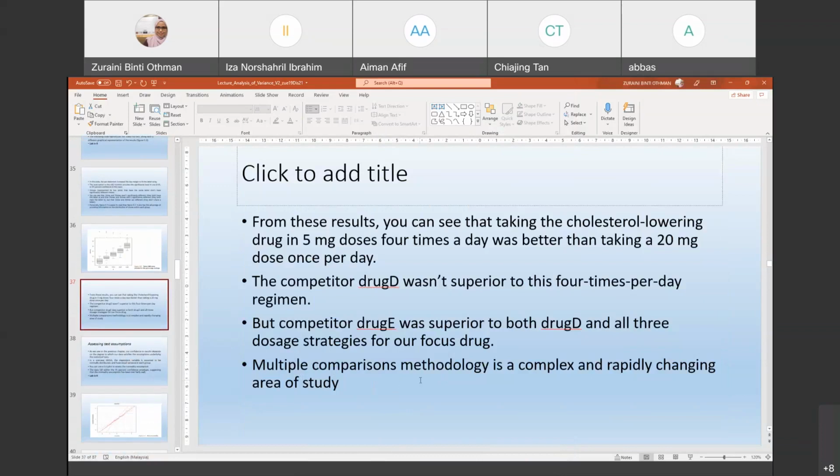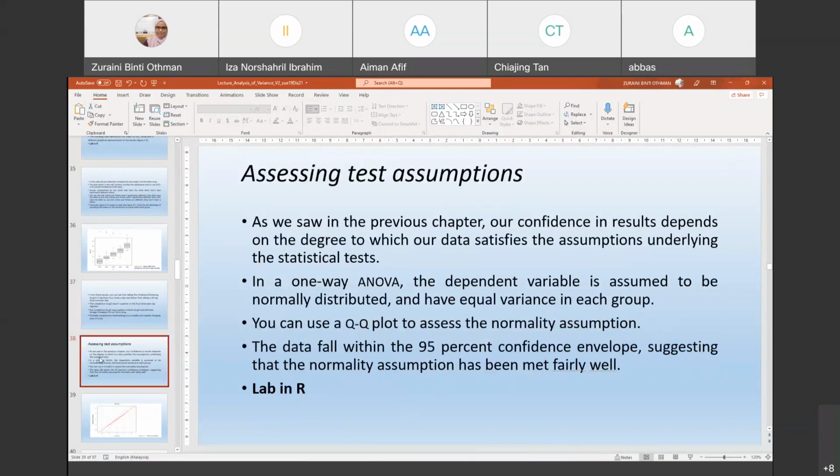And this author said it is also complex and still changing in this area of study, and this is how we assess test assumptions. As we saw in our previous chapter in this book, our confidence in results depends on the degree to which data satisfy the assumptions underlying the statistical test. In one-way ANOVA, the dependent variable is assumed to be normally distributed and have equal variance in each group.